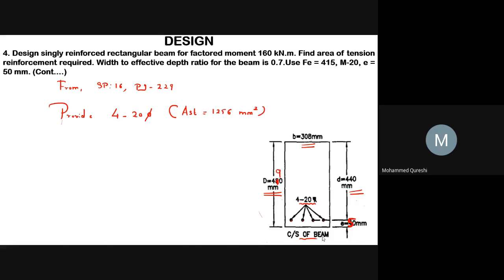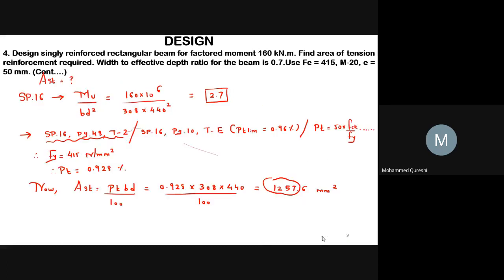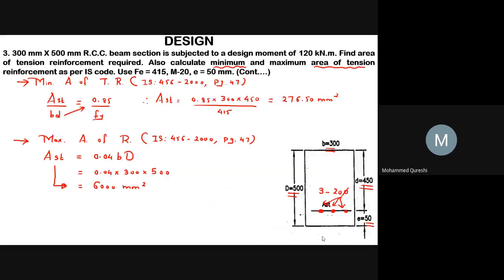So by this way, you have to design the singly reinforced beam for the factored moment, or by simply finding the overall area of the beam, and finally by providing the area of steel in the given example.